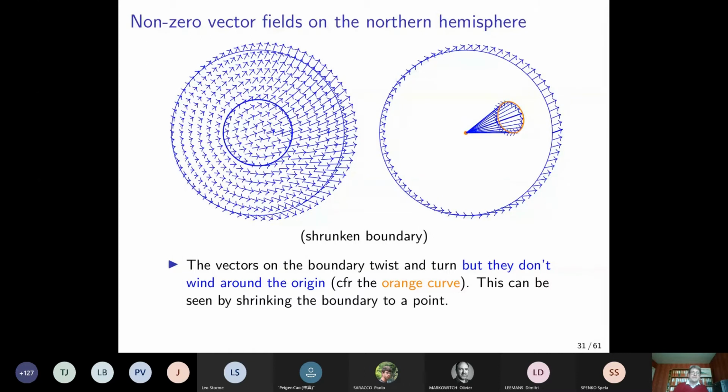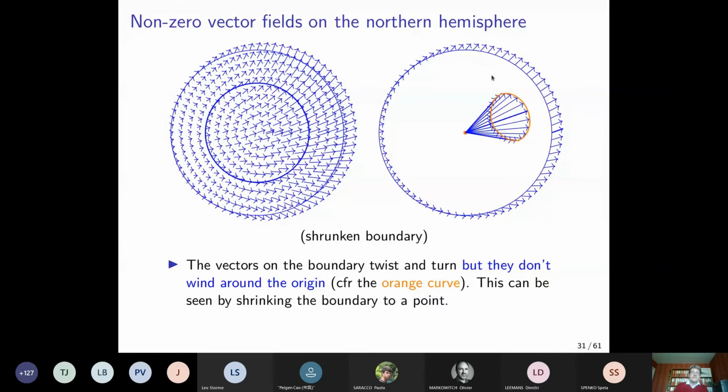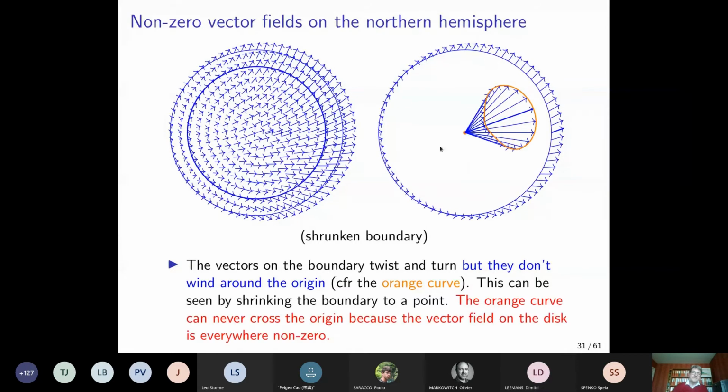If I enlarge this disk, I get an orange curve here. But we see the orange curve can never cross the center, because if that would happen, we would have a 0 vector here, and that 0 vector would come from this side, but on this side there are no 0 vectors because it's a non-zero vector field.